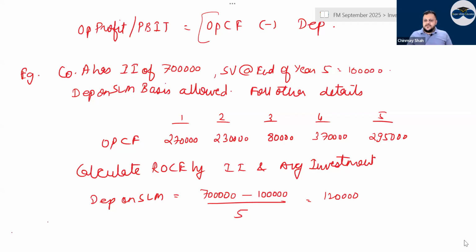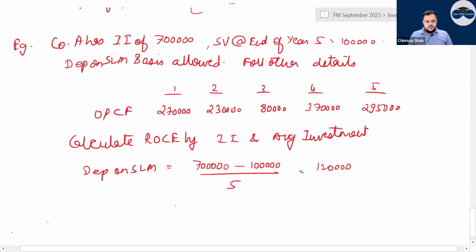So rewrite the operating cash flows for years 1, 2, 3, 4, 5: 270, 230, 80, 370, 290.